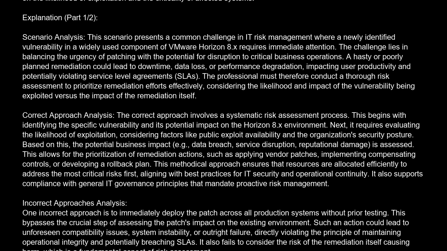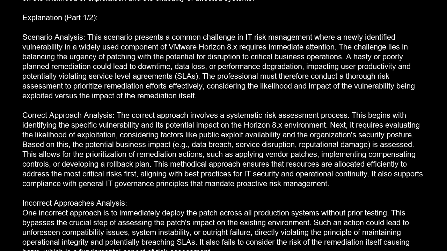This allows for the prioritization of remediation actions, such as applying vendor patches, implementing compensating controls, or developing a rollback plan. This methodical approach ensures that resources are allocated efficiently to address the most critical risks first, aligning with best practices for IT security and operational continuity. It also supports compliance with general IT governance principles that mandate proactive risk management.